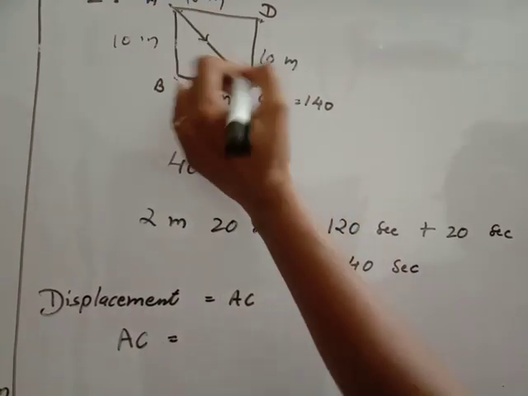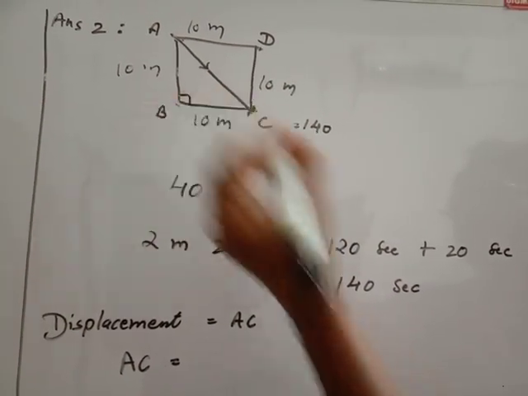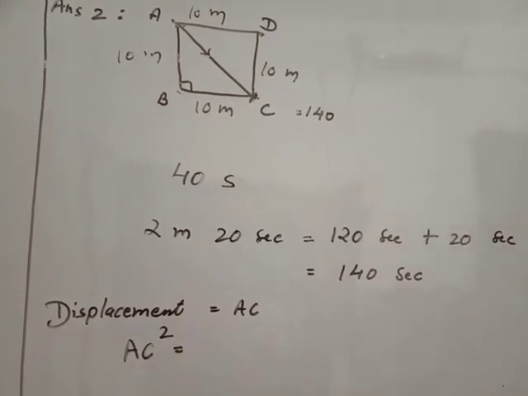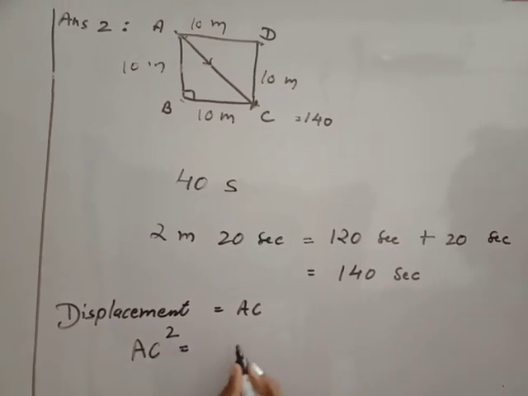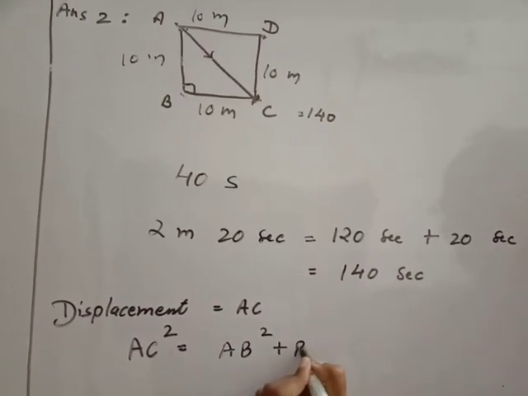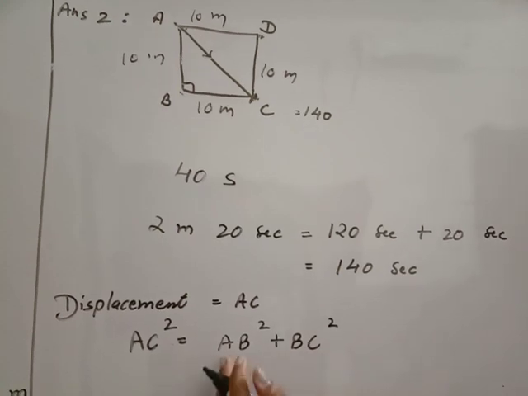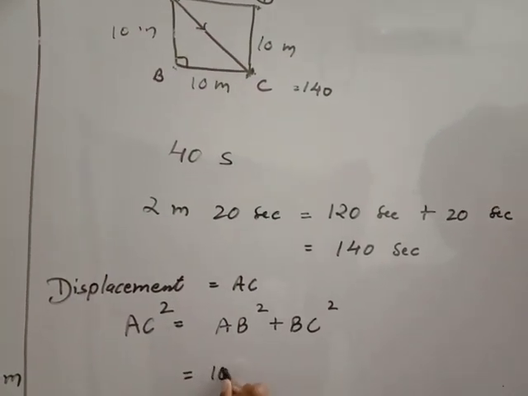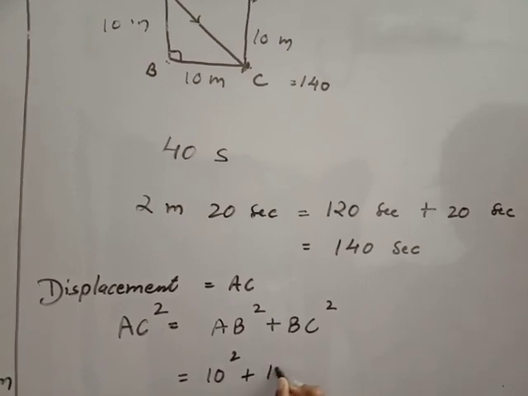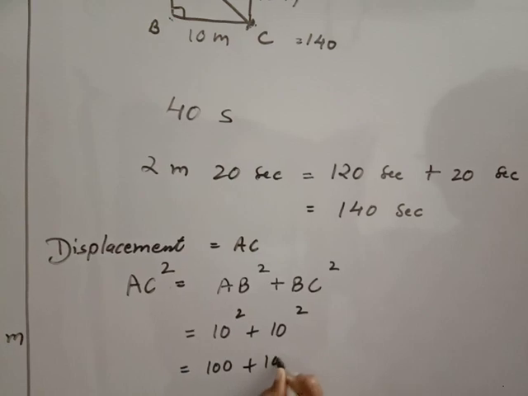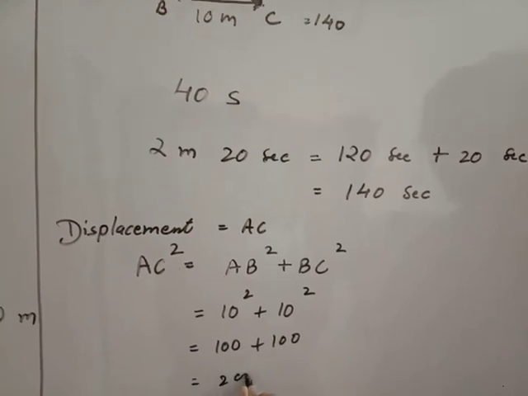Now AC, this is a square, so this angle is 90 degrees. I will use the Pythagoras theorem. According to the Pythagoras theorem, the square of the hypotenuse is equal to the sum of the squares of the remaining two sides. That means AB square plus BC square. How much is AB? 10. So 10 square, BC is also 10, so 10 square. That means 100 plus 100, that means 200.